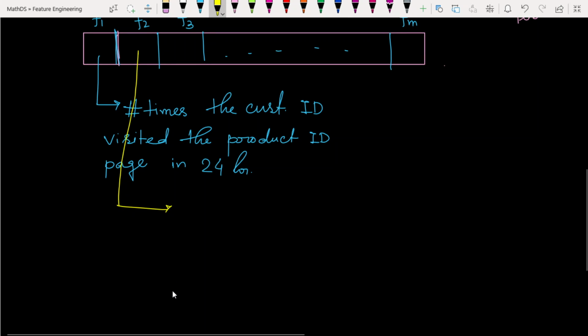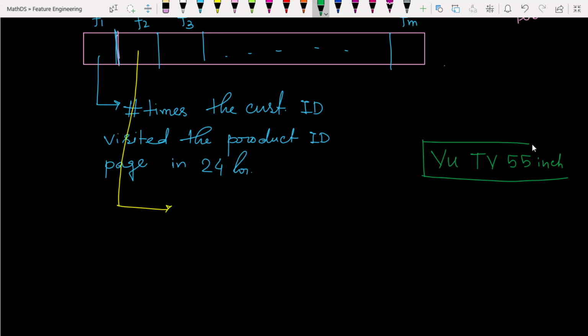So these features will be another second important feature: the number of times they have shown interest. Suppose, taking the television example, they are interested in buying some specific company's TV, say a VU TV, 55 inch. Somehow they have interest to buy this thing.